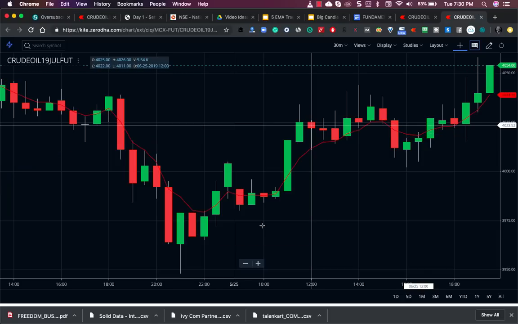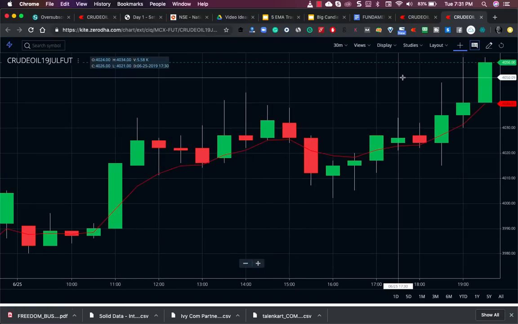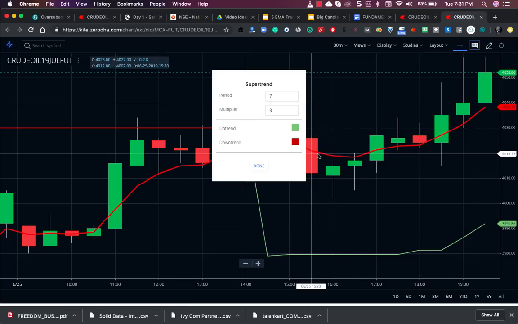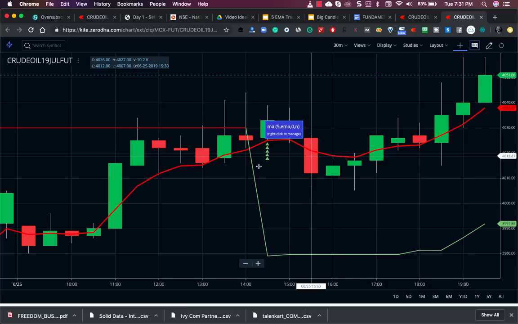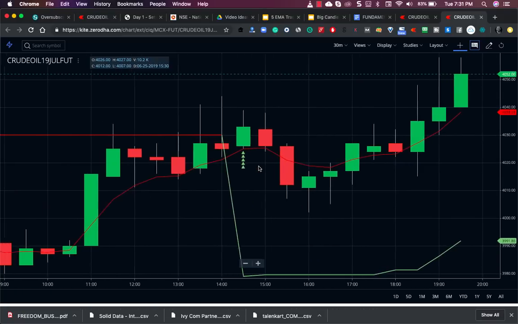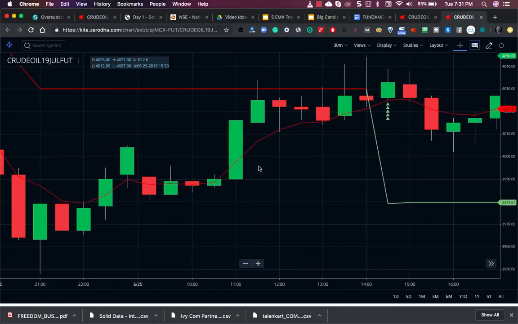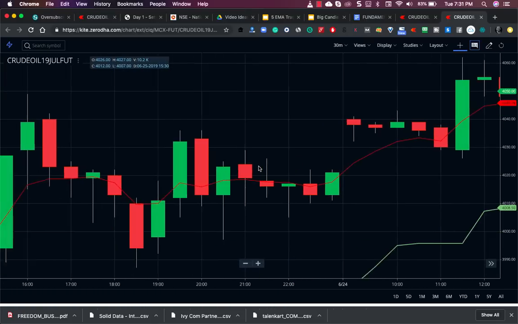When I did a couple of videos in the past, a lot of people wanted to know the settings in detail. So I thought I'll give you a detailed understanding of how to put these settings into your Zerodha charting. Okay, all right, so the next thing is how do you look at the entry setups.